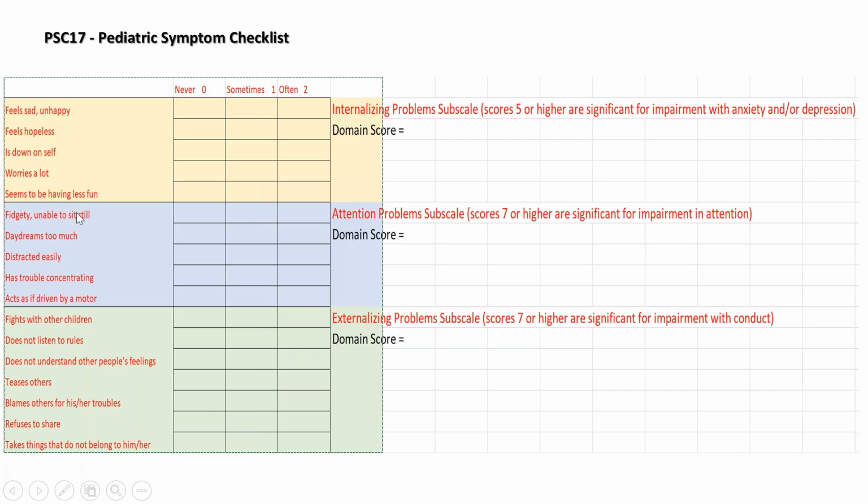You can see how those particular items load more heavily for attention problems. And then scores of 7 or higher would be a significant indicator of difficulty with that attention domain. The depression ones are the internalizing scores, and then externalizing conduct disorders, things like fights with other kids, are externalizing scores. So you can get a pretty good idea from what domain or what type of problems a person is having.